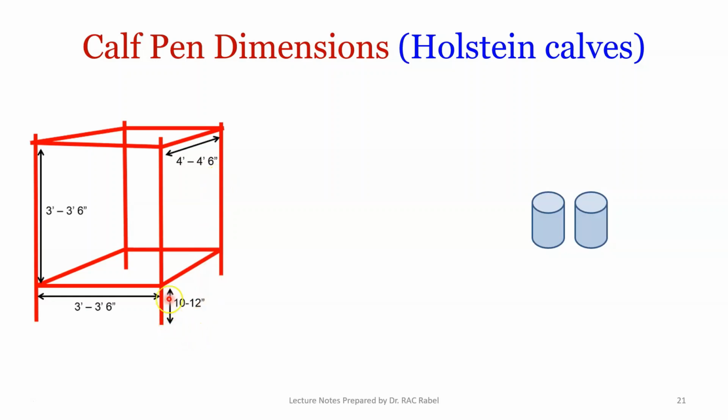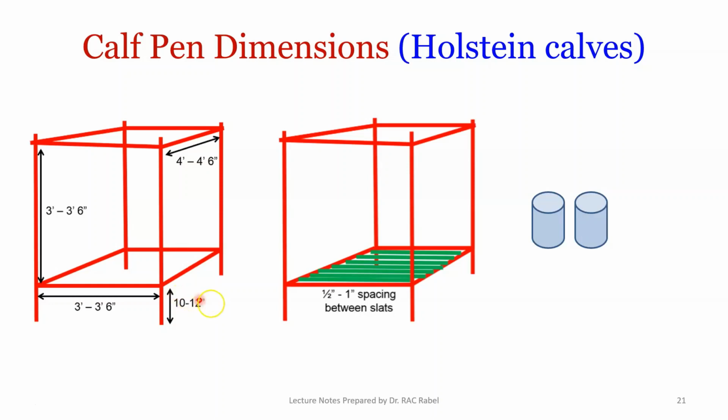And something very important is that it has to be raised 10 to 12 inches above the level of the ground so that you can easily have access to the underneath of the calf pen. You can pass a mammoty or udalla or a shovel and remove the dung, right? You can easily wash away the urine with a hose with water, right?